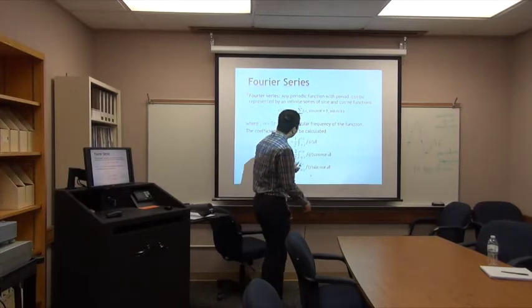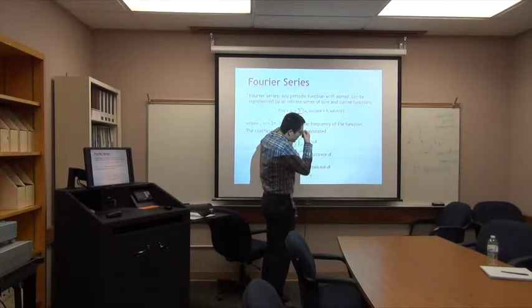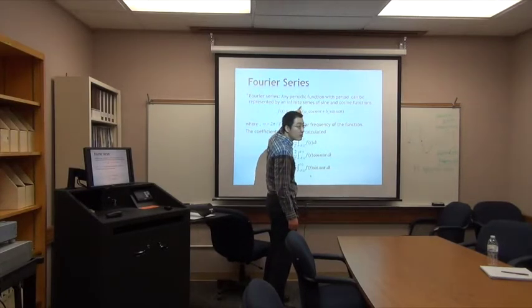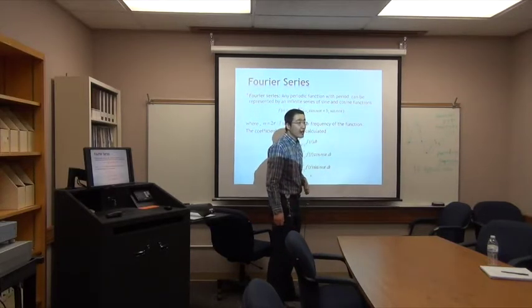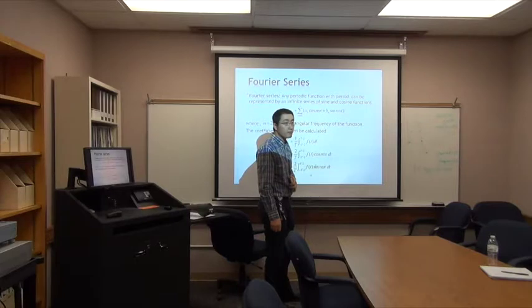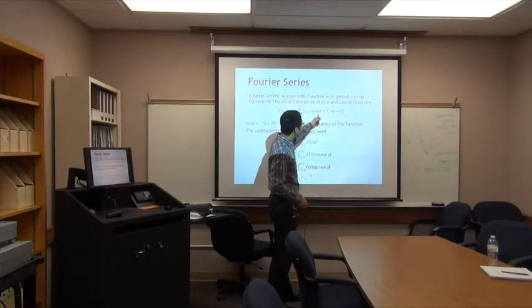Now, we observe this series. We know that as n goes from 1 to infinity, the frequency of our sine and cosine changes. And the frequency is an integer multiple of a base frequency, omega.